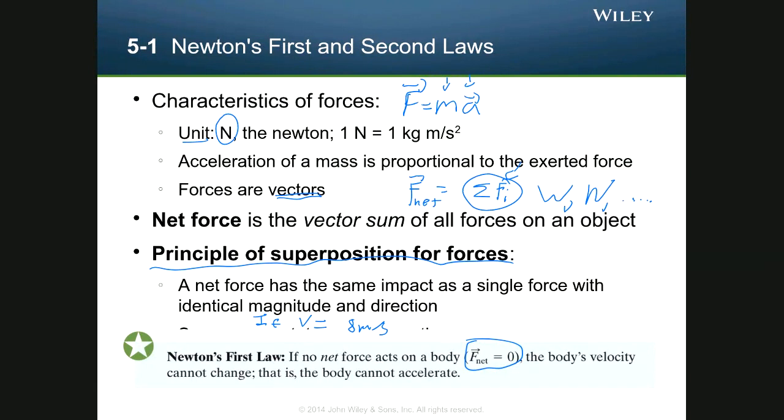So don't get caught in that trap of thinking that only things at rest can't accelerate. You're always going to want to look for that constant velocity in the problem, to see if your velocity is constant or not.